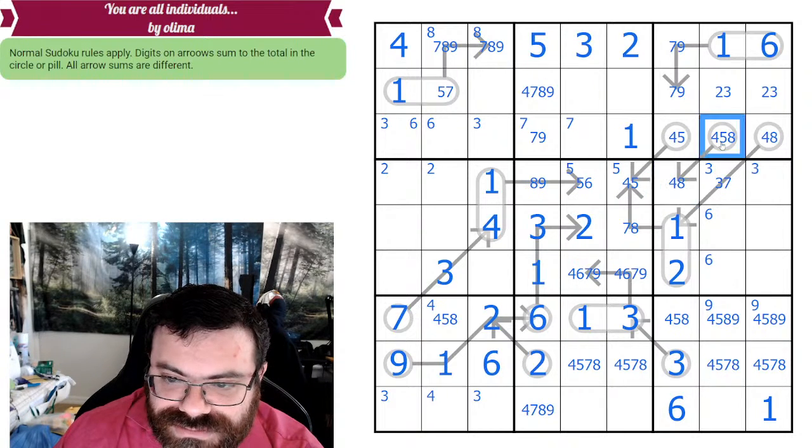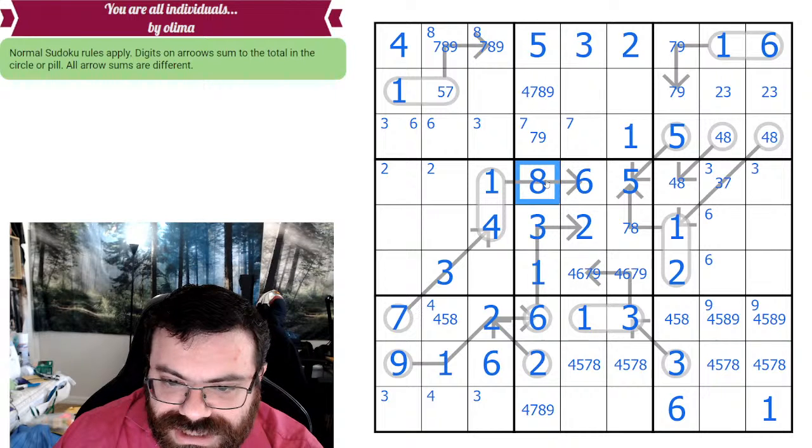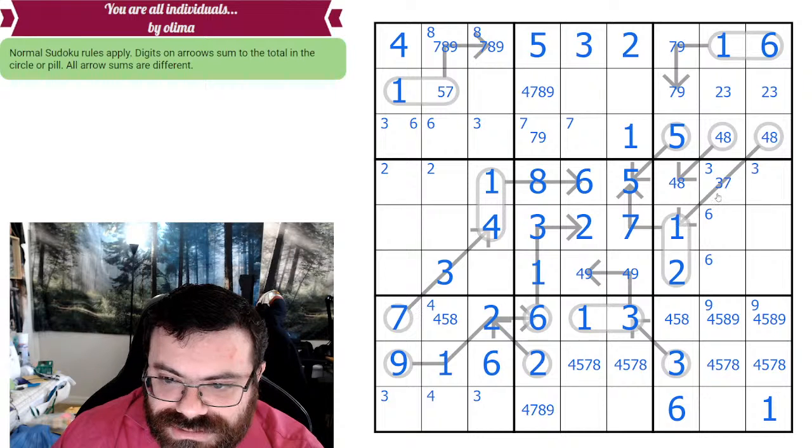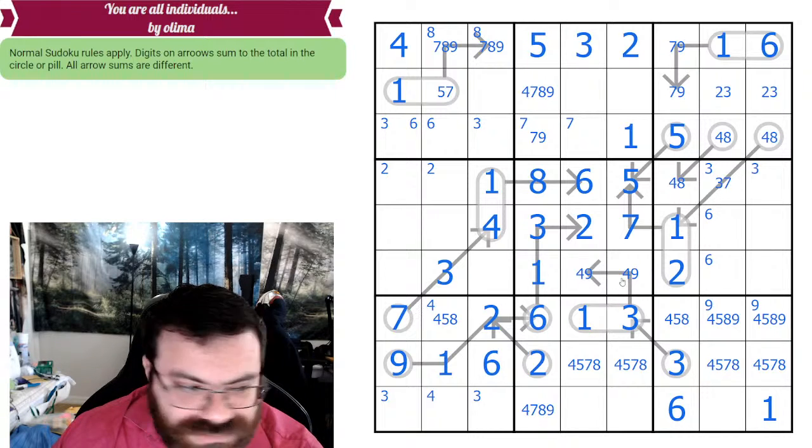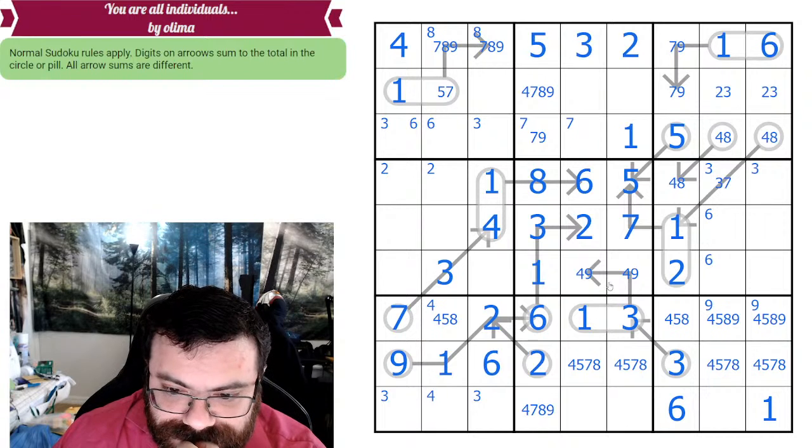That's not a 5 then. It's a 4, 8 pair. That puts the 5 here. Oops. That's 6, 8, 7. I think this is it.